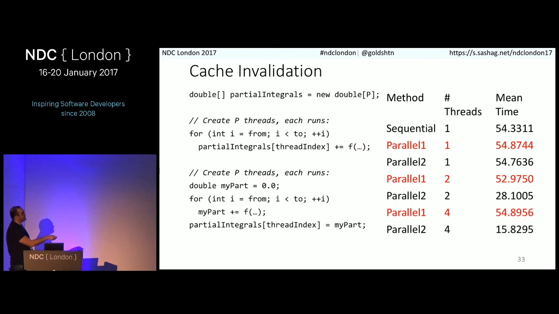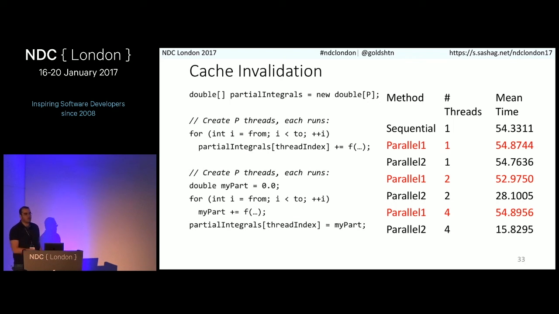Whereas the second version speeds up linearly from 54 to 28 to 15, and it could probably speed up even more. The only reason for this difference is that in this version, you're accessing adjacent memory locations from multiple threads, and in this version, you're accessing totally different memory locations, and only at the end you have to sync the results up.